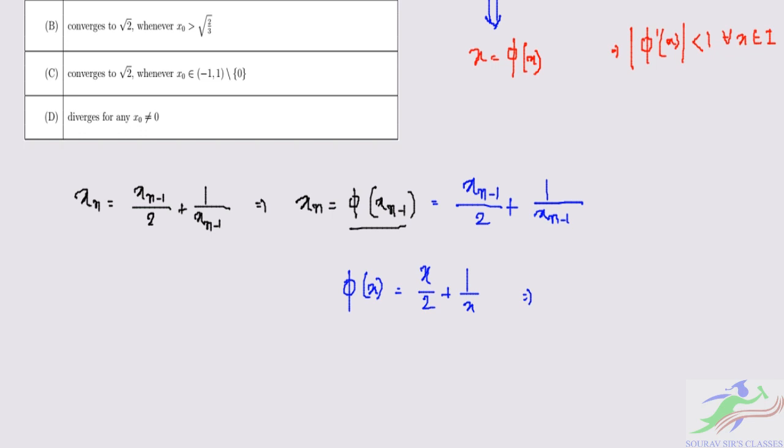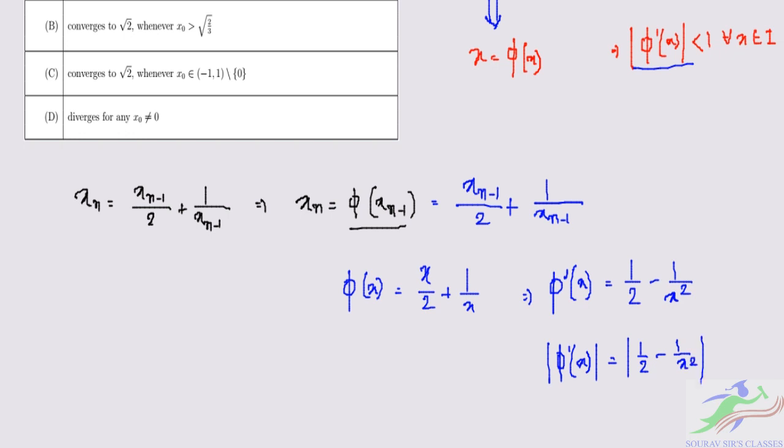If we do the differentiation, the first derivative, mod of phi prime x will be half minus 1 upon x square.